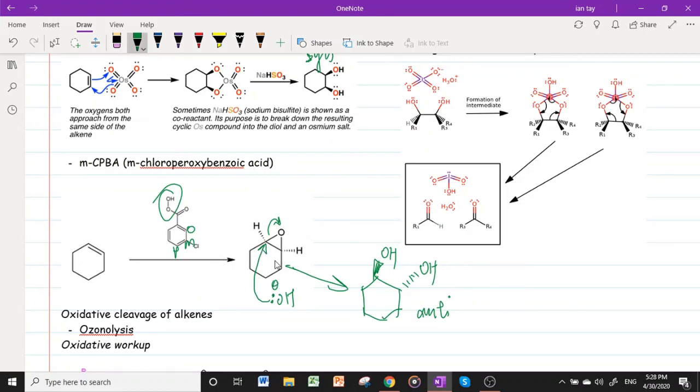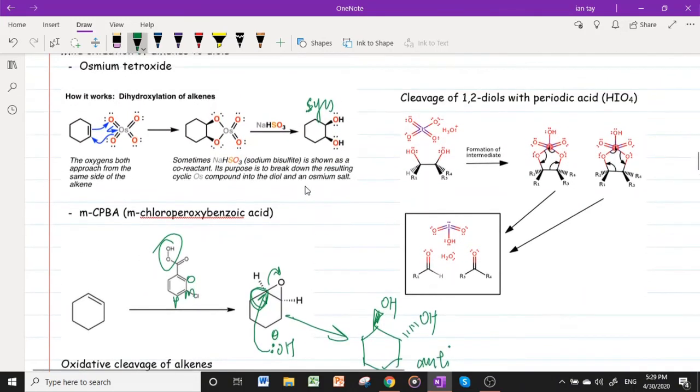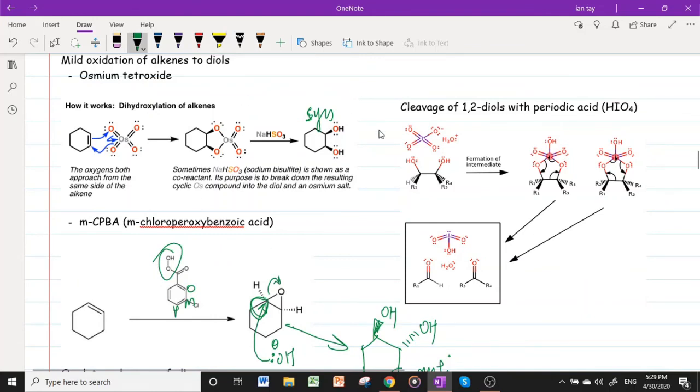Once again, using the same principles I said before, the anti-bonding sigma star orbital of the C-O bond has one of its main lobes pointing in the opposite direction of the C-O bond, and so resulting in an anti-product, whereas the mechanism for the osmium tetroxide oxidation will yield a syn product.